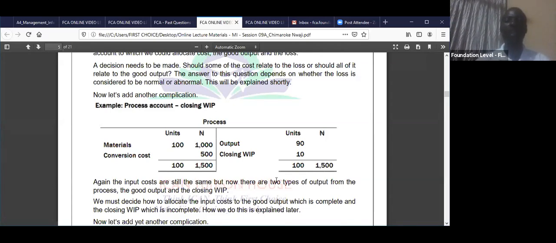So you see, these are the two things that we are out to find answers to. When there is a loss, how do we apportion the cost between the normal output and the loss? When there is work in progress, how do we allocate between the output and work in progress? We could also have a loss and also work in progress and an output. So how do we allocate to all these three? Let's look at another example.